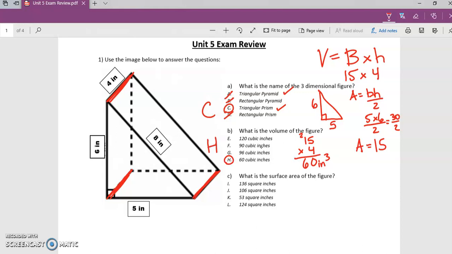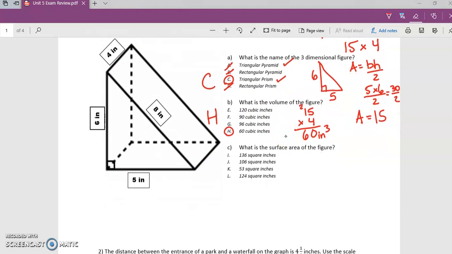And now I can go into part C and look at the surface area of the figure. The surface area is going to involve breaking this down into different steps. We want to keep that triangular prism in mind, but we want to see how many faces it has. There's one triangle in the front, another triangle in the back, a third face, the rectangle on the bottom, a 4th rectangle over here on the left, and a 5th rectangle here on the right.